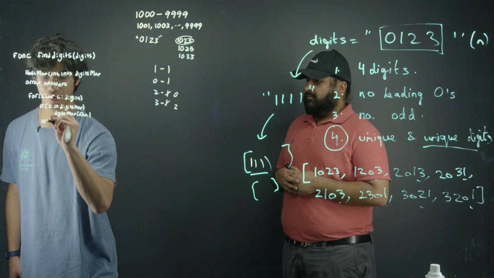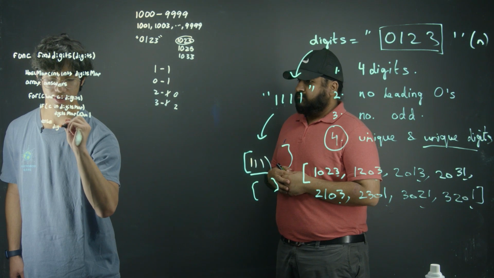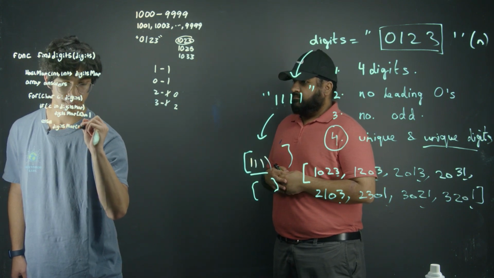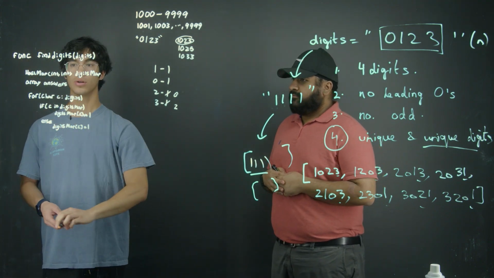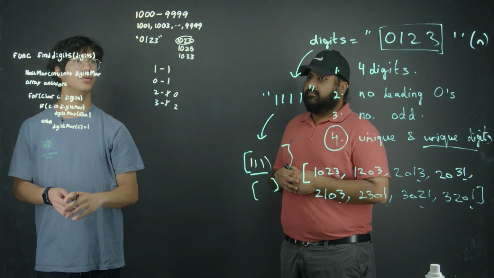Else, it's not in there, so we're just going to say digits map of C is equal to 1. Okay. So now we've mapped all the frequency of each one of these characters.